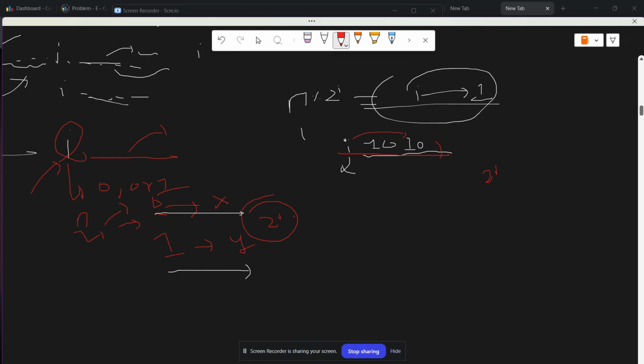We write the binary representation like this: 1 into 2 raised to i minus 1 till 1 into 2 raised to 0, whatever the value is. For this particular case we can see it is 0, so we can write 0 into 2 raised to 0.